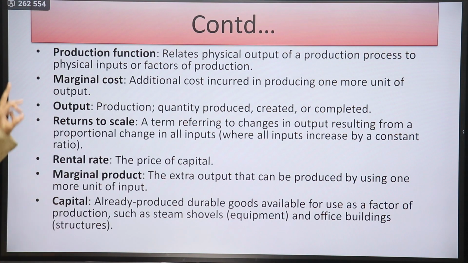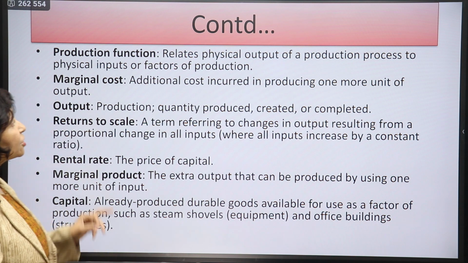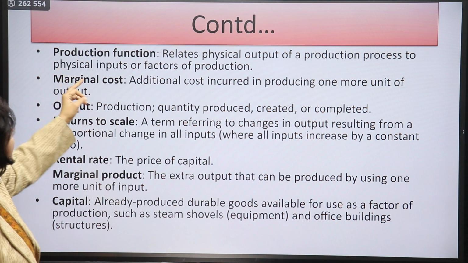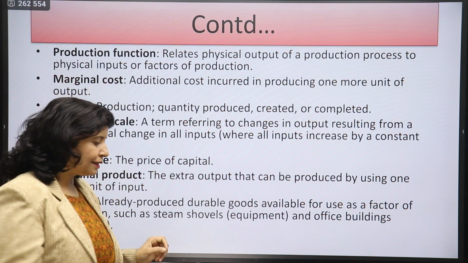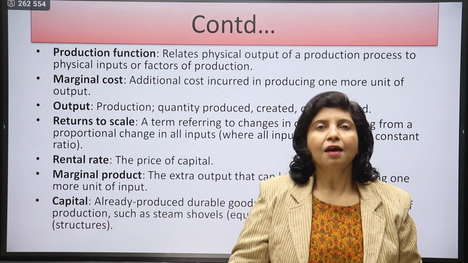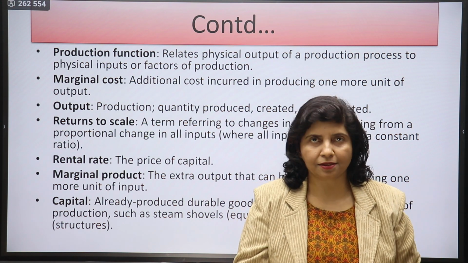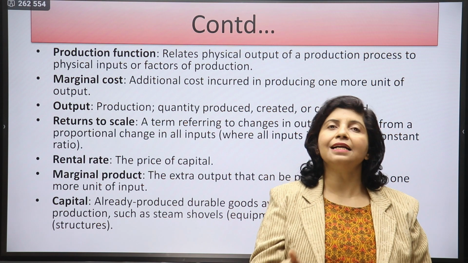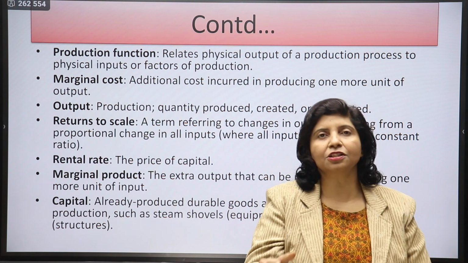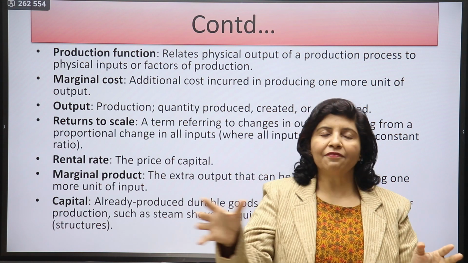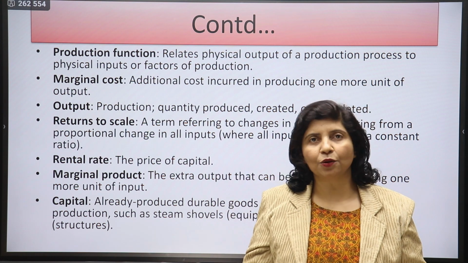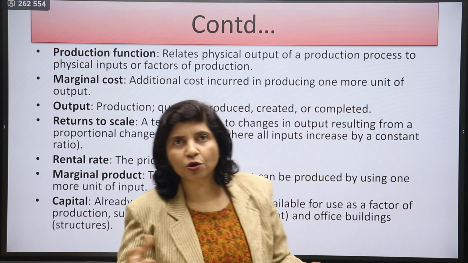Then production function, what is that? Production function relates physical output of a production process to physical inputs or factors of production. See, when we do production, if we are a producer, we have to use certain raw materials and that raw material is then converted into finished product with the help of labor or the workers, you can say, the machines that we use in our plant, certain factory, etc. and we convert that into a finished product or the goods.